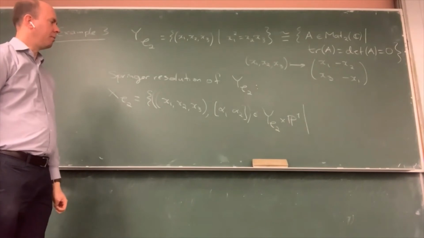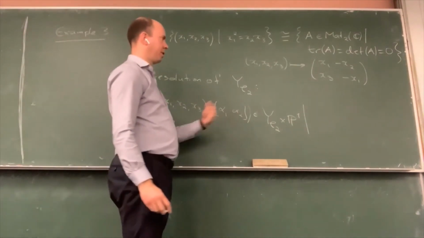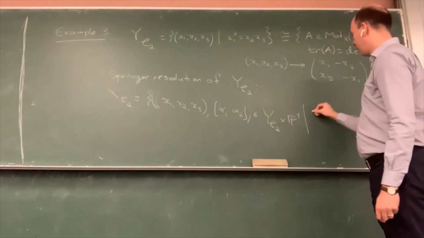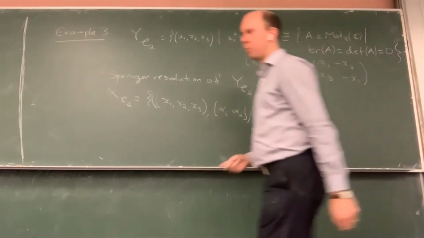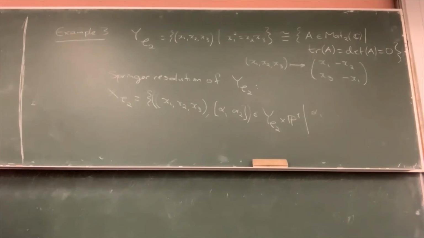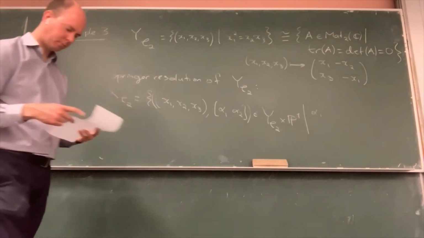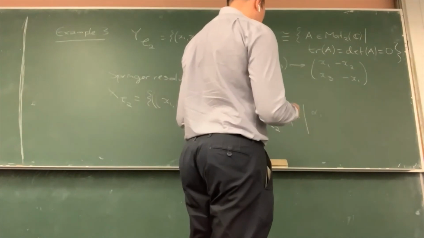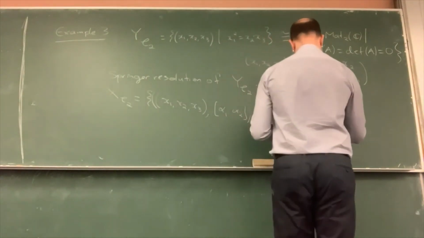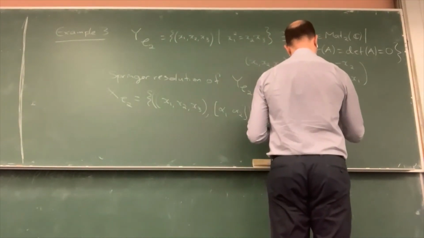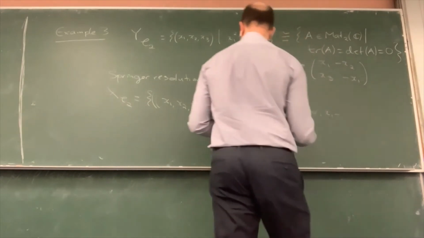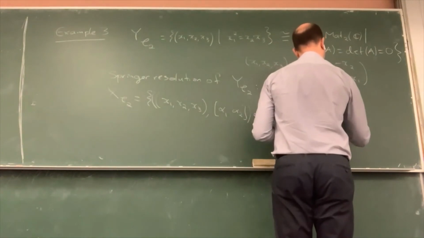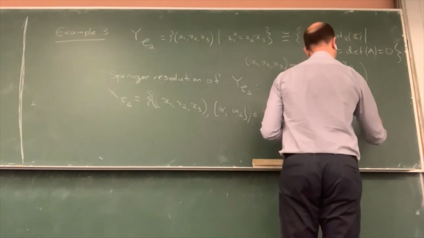And the condition for the nilpotent matrix to stabilize the flag turns out to be the condition that alpha 1, x1 minus alpha 2, x2 equals 0.